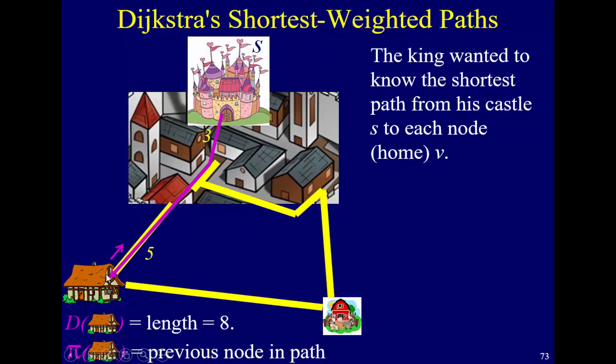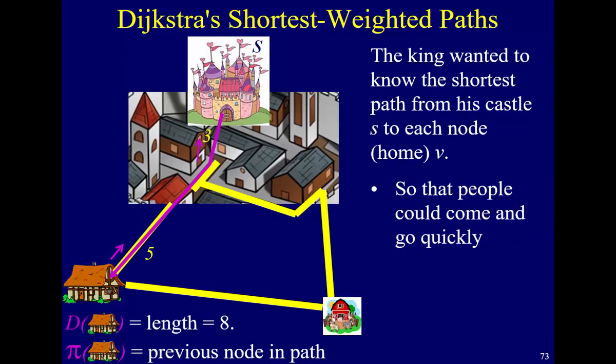And then pi will trace the path back, right? So like we did before, for each node, pi of node will tell you how to move backwards to get back to the castle, right? So pi of this guy will trace her way back, right? So everybody can get to the castle quickly when there's danger.